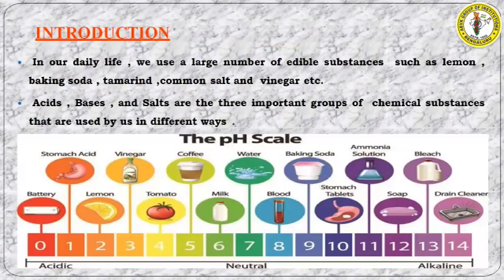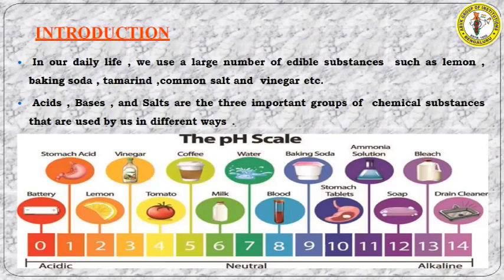In our daily life, we use a large number of edible substances such as lemon, baking soda, tamarind, common salt and vinegar. Correct? We also use many other things in our daily life: lemon, baking soda, tamarind, common salt, onion, orange.